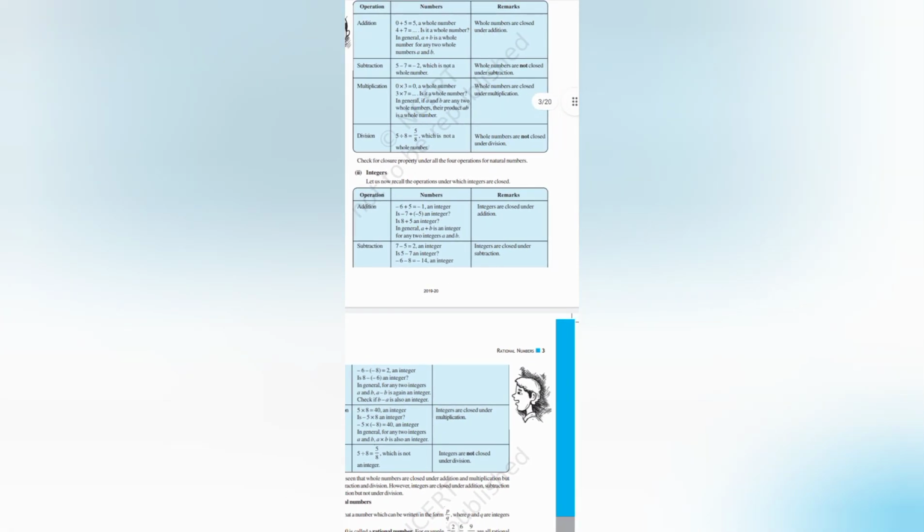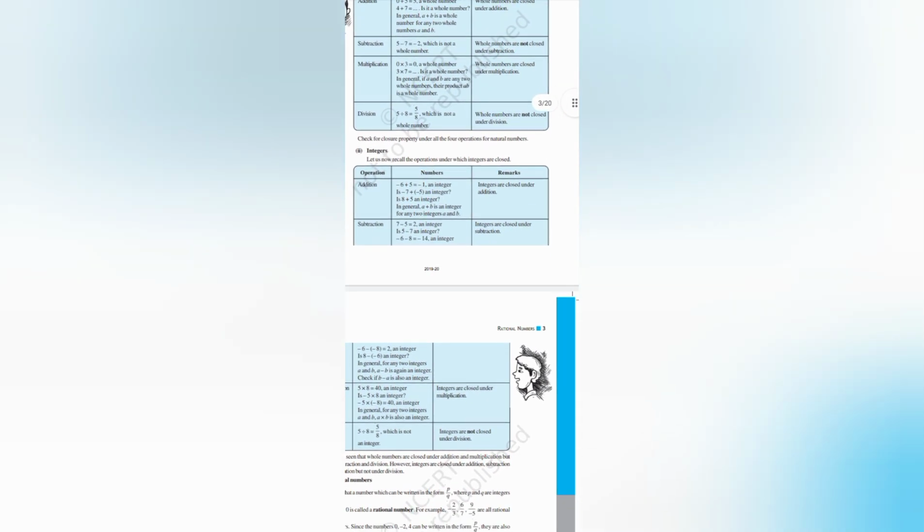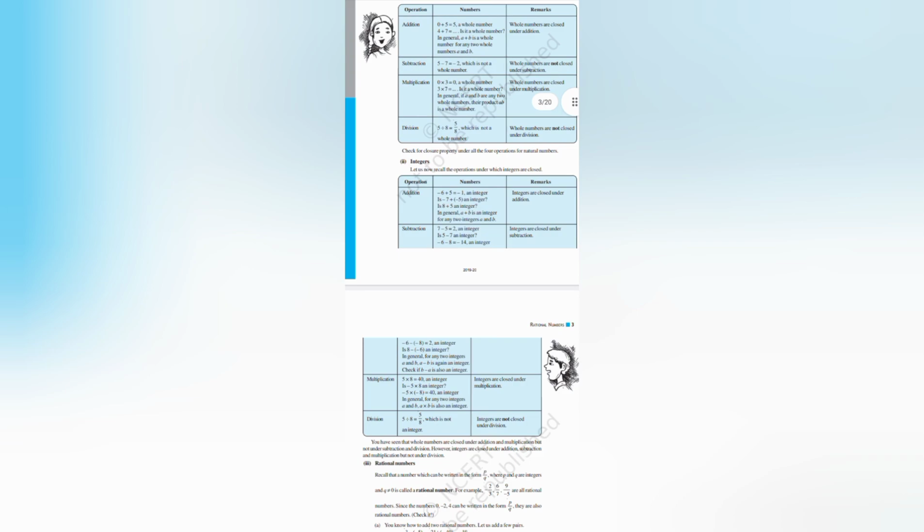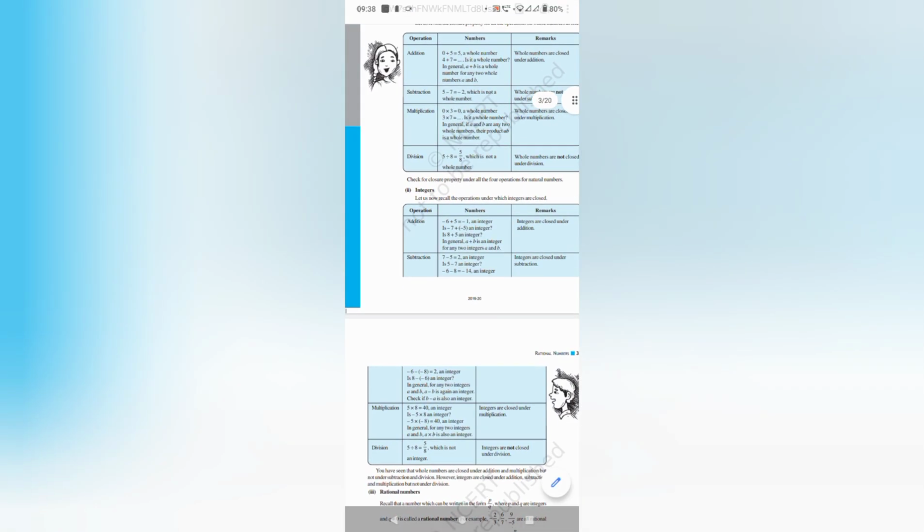Integers. Let us recall the operations under which integers are closed: addition, subtraction, multiplication and division. Addition: minus 6 plus 5 is equal to minus 1, an integer. So integers are closed under addition.